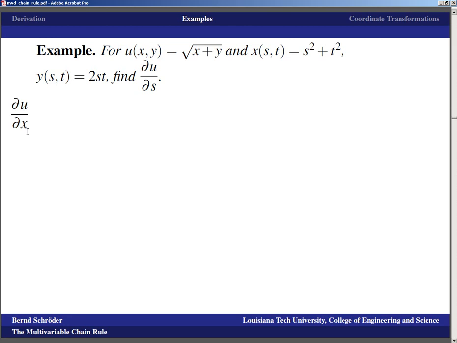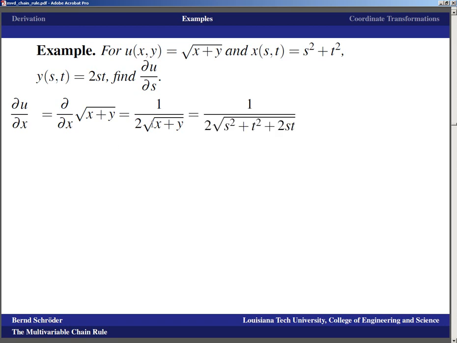So partial u with respect to x will be the partial derivative with respect to x of square root x plus y, which gives us the derivative of the square root function, which is 1 over 2 times the square root of whatever is inside, which was x plus y here. And then, of course, we have times the derivative of the inside, and the partial with respect to x of the inside is 1. And, well, that 1 I didn't write down here.